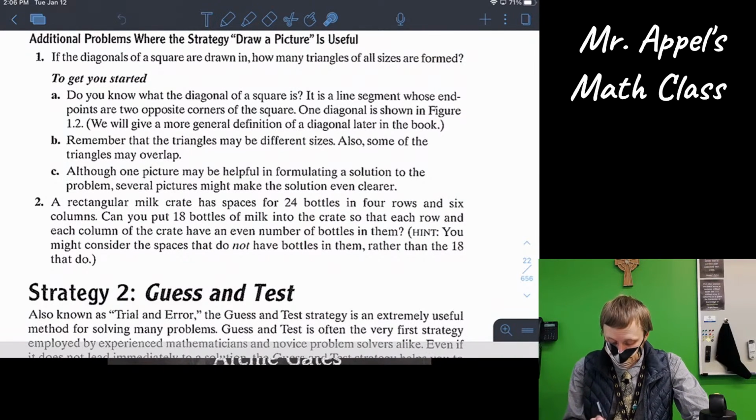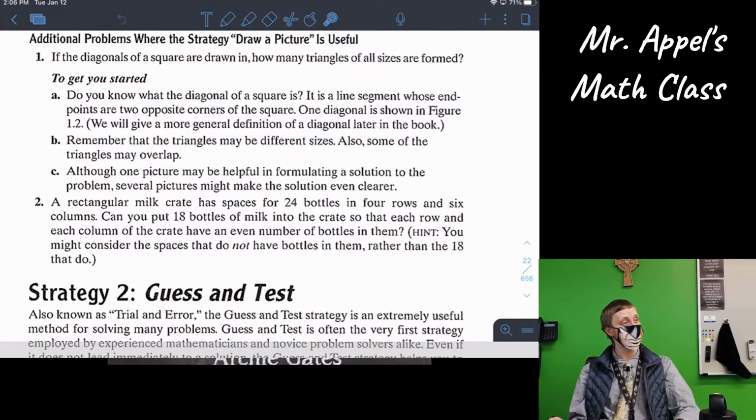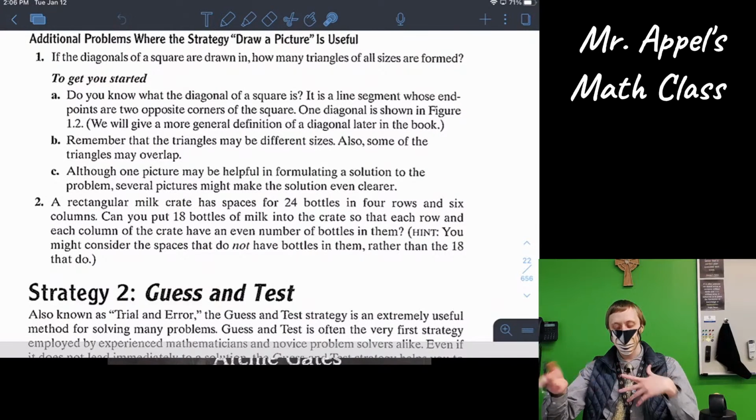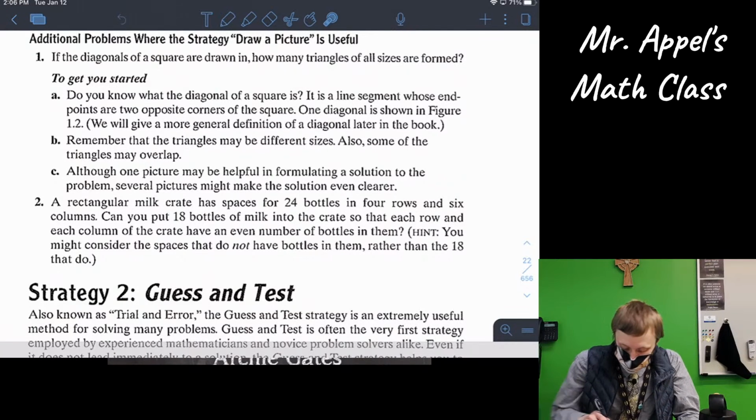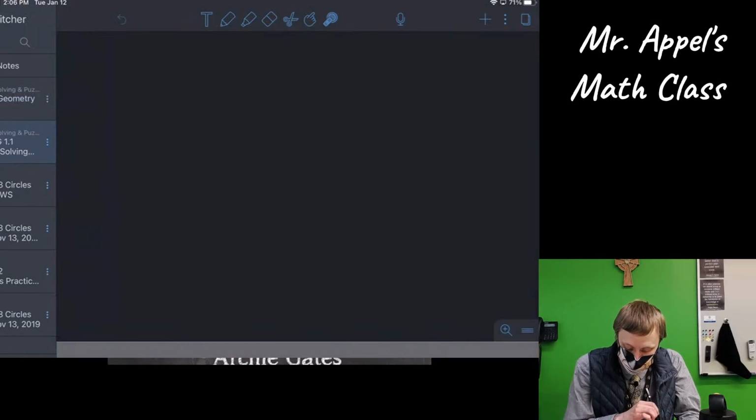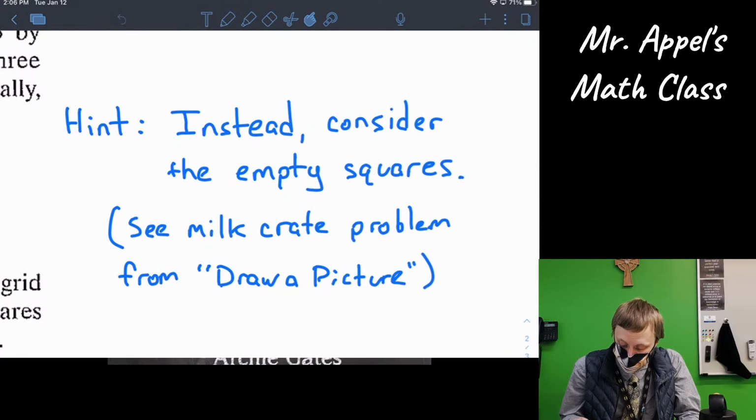So this is arranging 18 items inside 24 spaces. Their hint there was instead, consider the spaces that do not have bottles. So same kind of scenario. If you take a look at the strategies for that problem, that might help guide you to a success path for this problem.